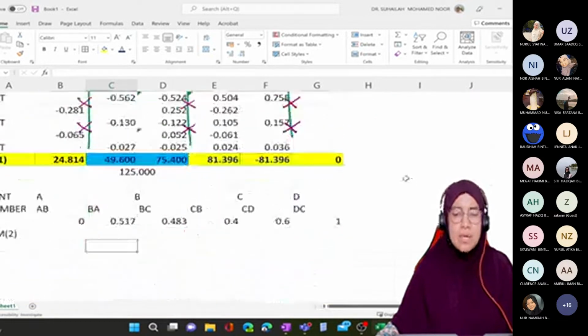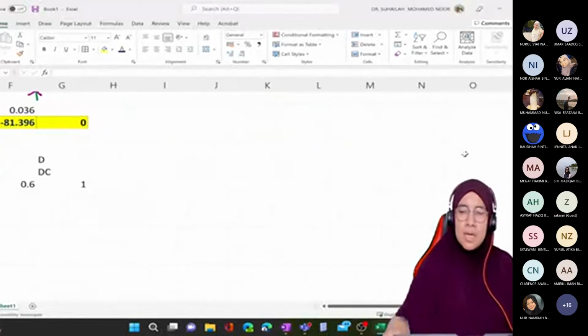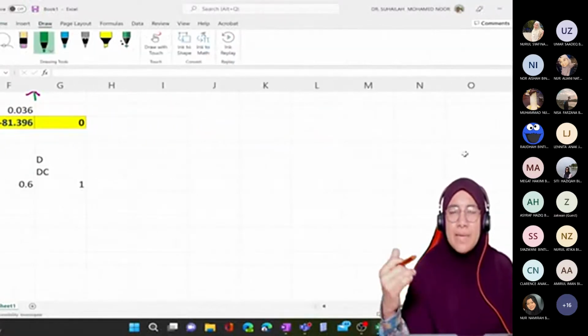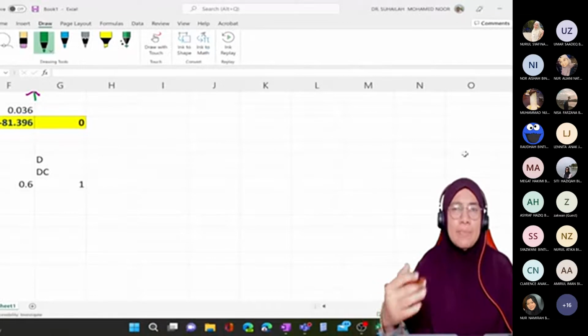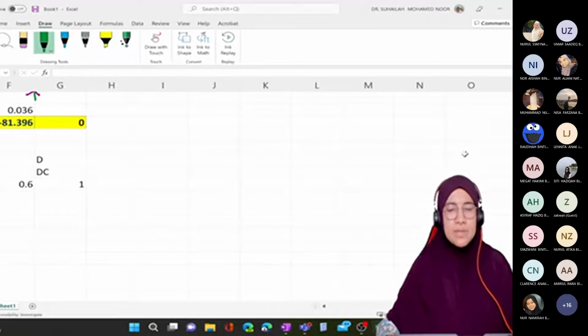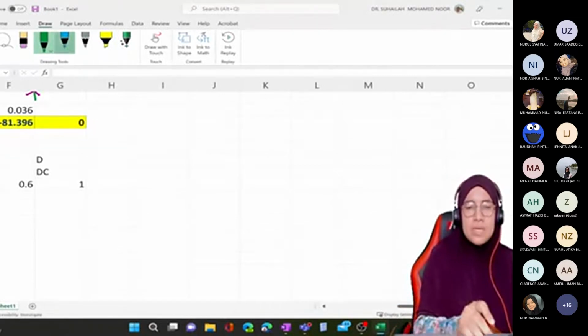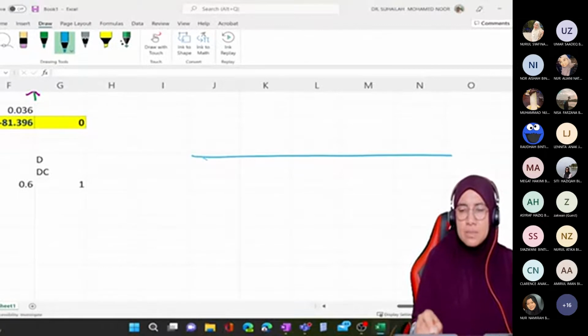So if we want to understand the behavior of the beam after settlement, we just need to sketch.